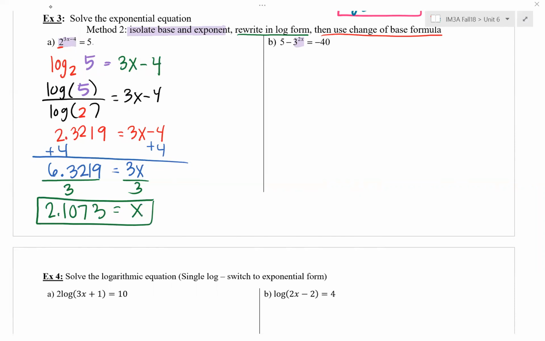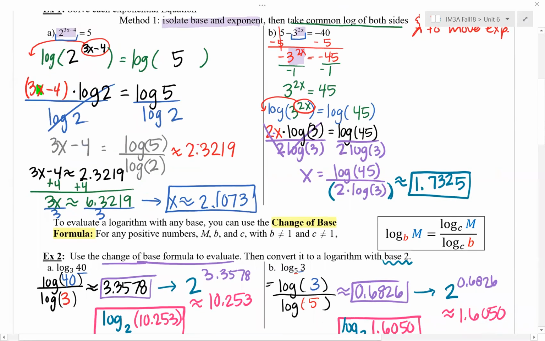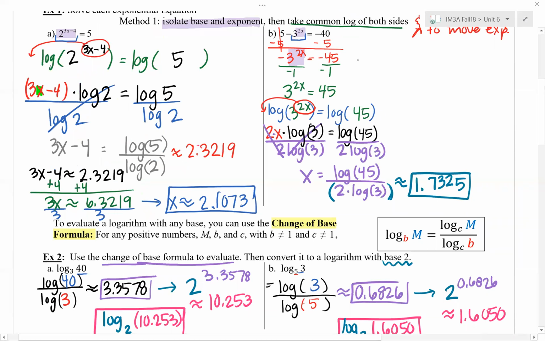So if we think about what we did in part B above, these first steps are going to be the same. So all of this part for both methods is the same. It's after that step that things change. Okay, so I'm going to go through those steps a little bit faster because it's the same process as we just did.